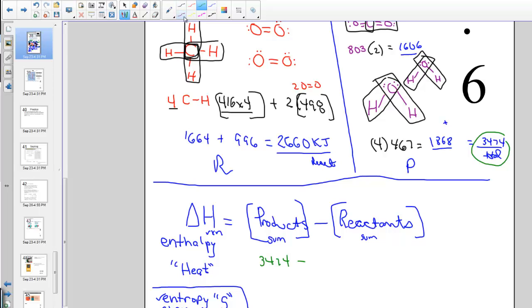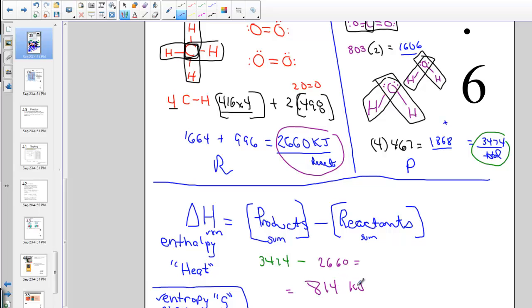Let's make this purple. 2660 was the heat content found for the reactants. 3474 minus 2660 gives me a value of 814.